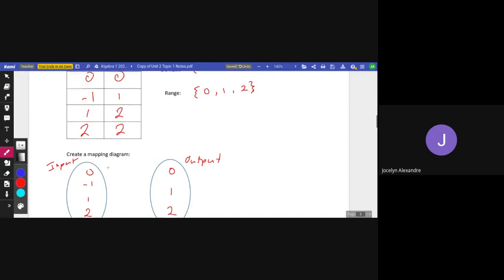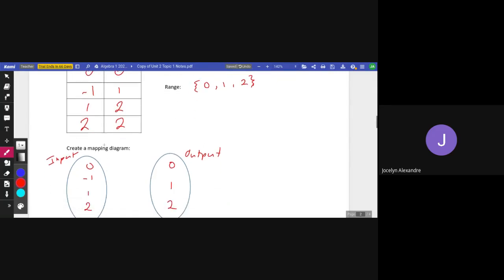So 0, looking back up at my table, 0 maps to 0. So I start at 0 in my input, and that gives us 0 as an output. For -1, that maps to 1. 1 maps to 2. Just following these input-output pairs.